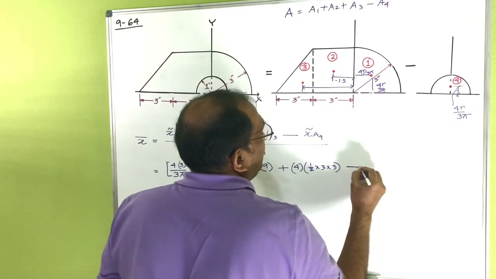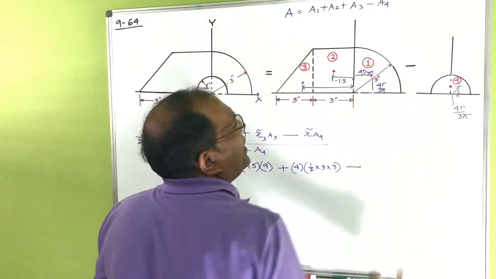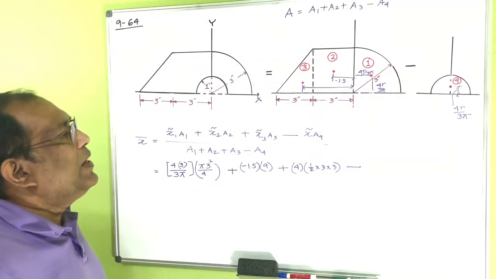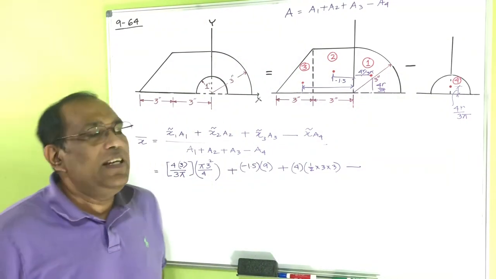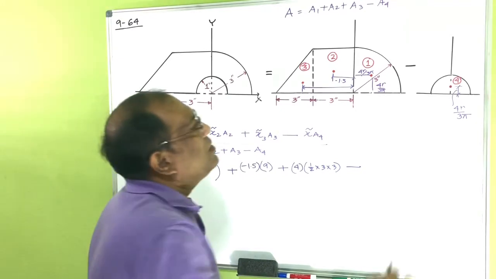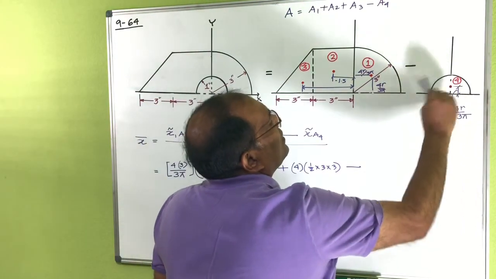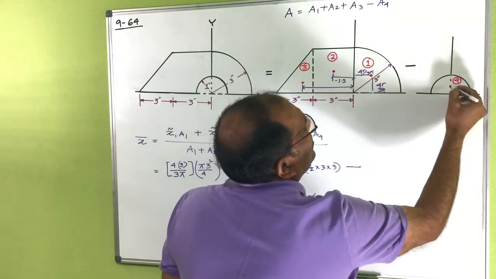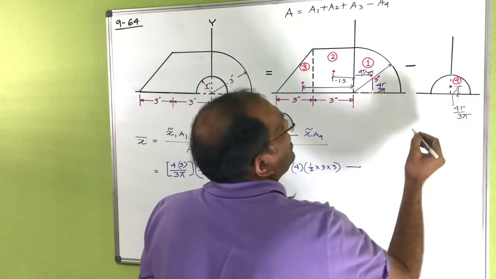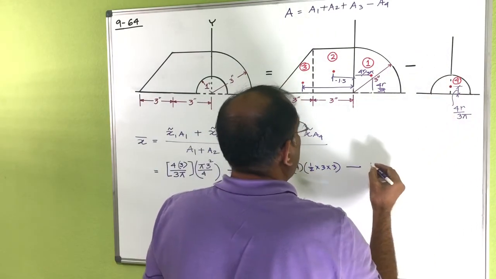minus this one here. So here you can see x bar is basically 0, because this is symmetric, this side and that side, right? So the x squiggly bar is basically 0.